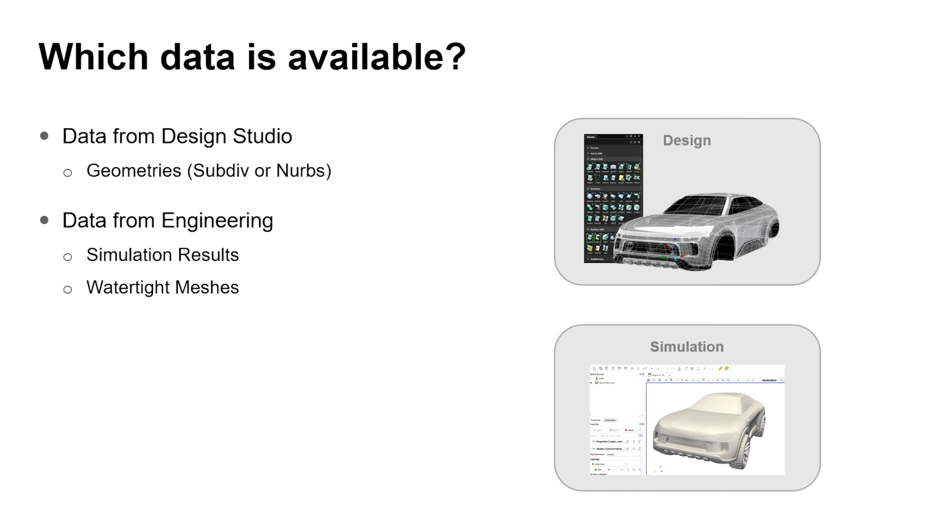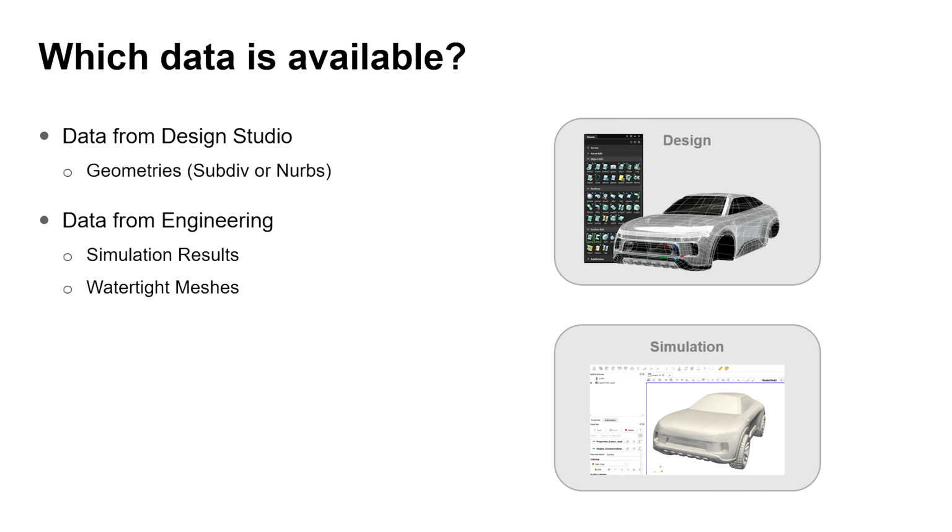Right. So usually what we see is that when we want to answer the first question, which data is available, there are two possibilities. One is that we just have data from engineering, and engineering only. And we need to get additional design studio data to teach the network both representations.